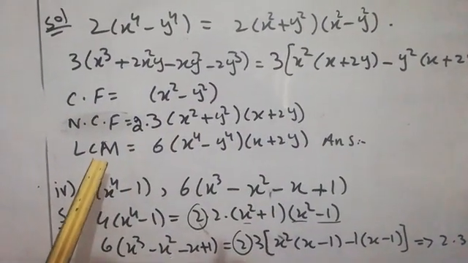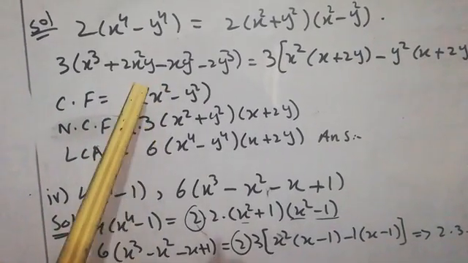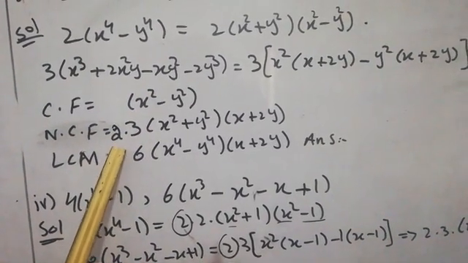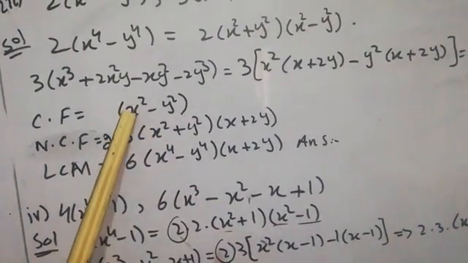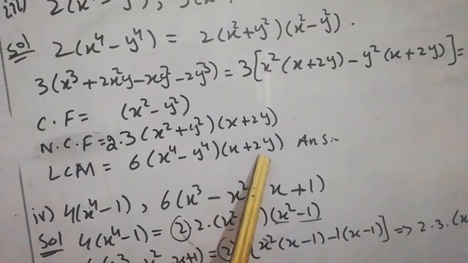So we will take the LCM by finding the product of these common and non-common factors. This becomes 2 3s are 6, x plus 2y, x square minus y square and x square plus y square.